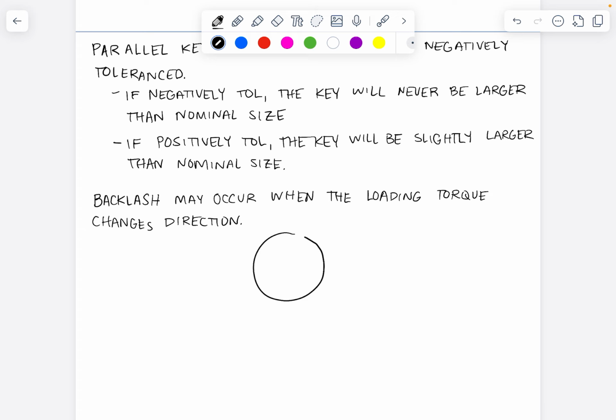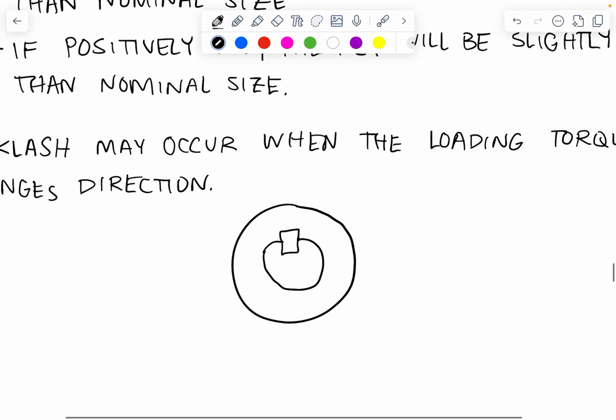So if we take a look at what this might look like if we have a key in here. Okay, so here's my shaft.